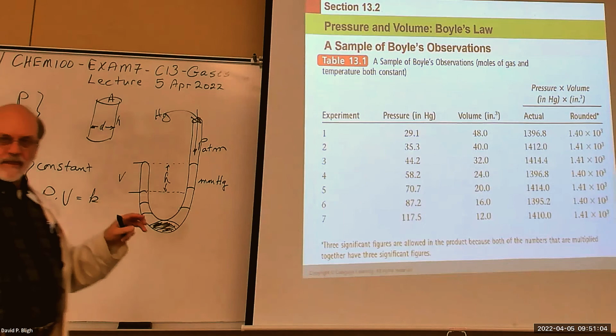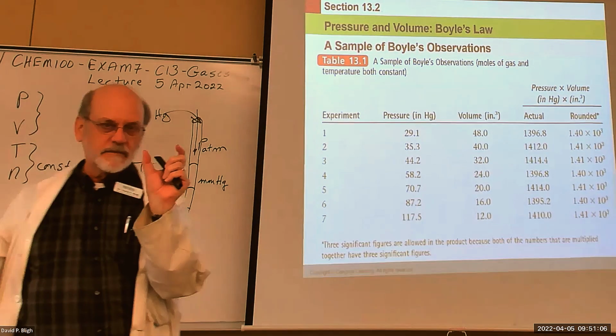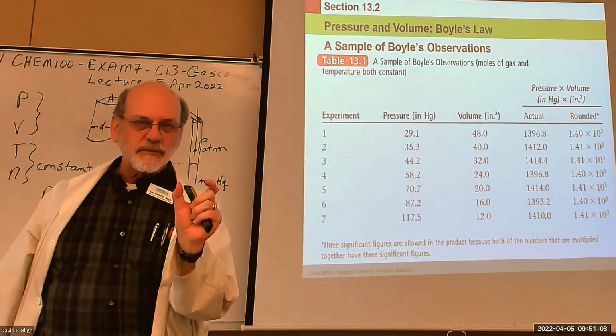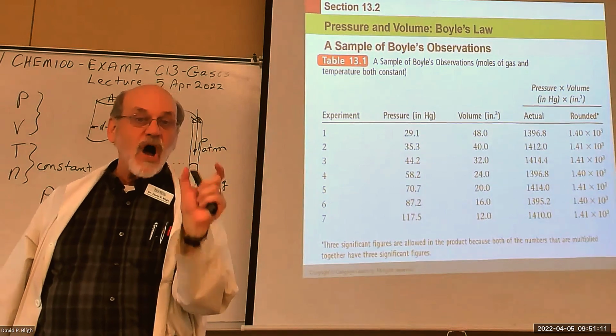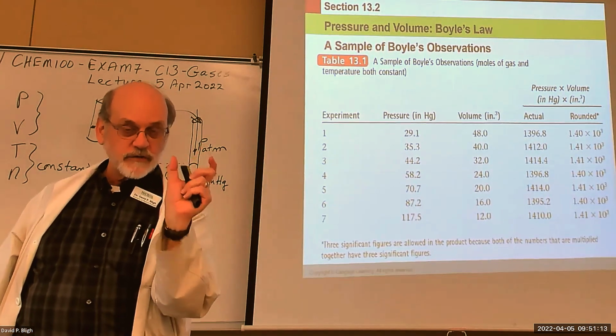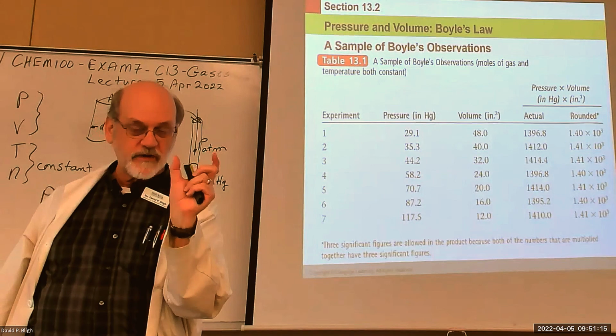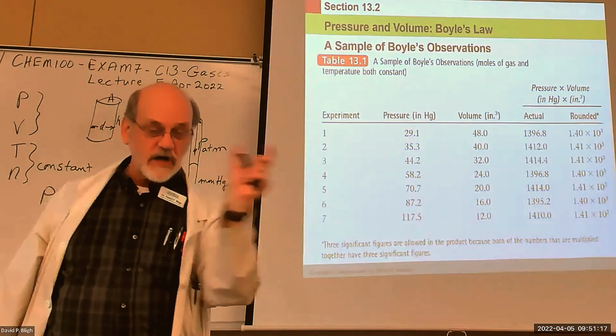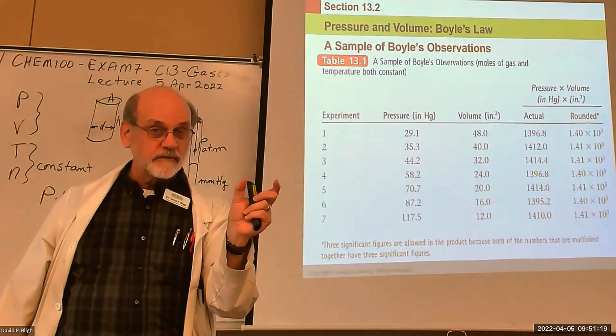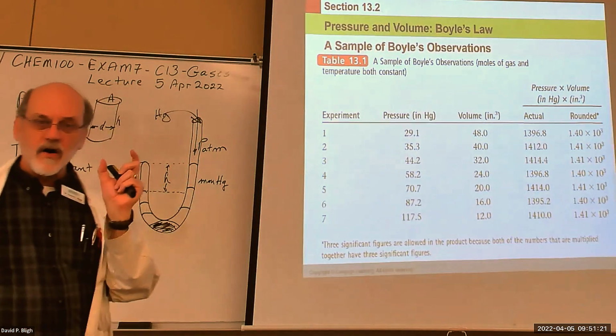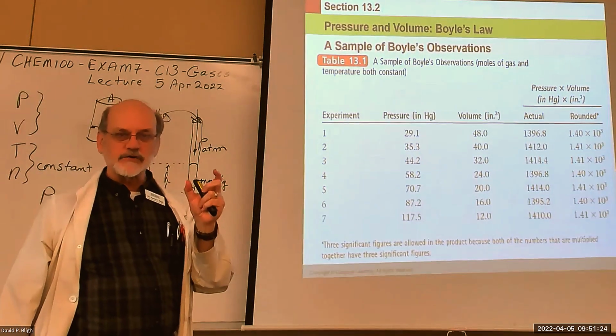Whenever you have two variables and you multiply them together, the product of those two variables is equal to a constant, if that's true, then they are in an inverse relationship.